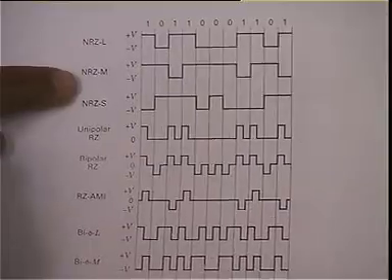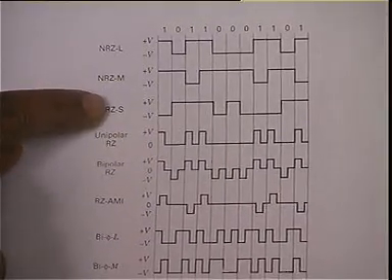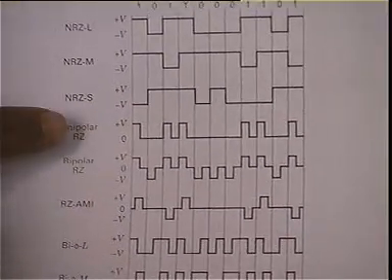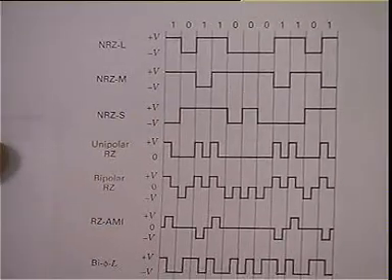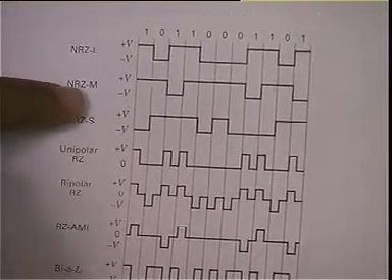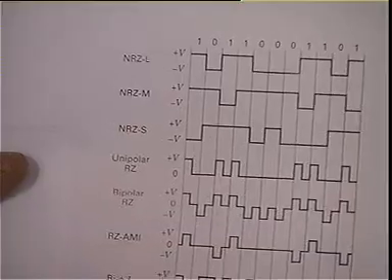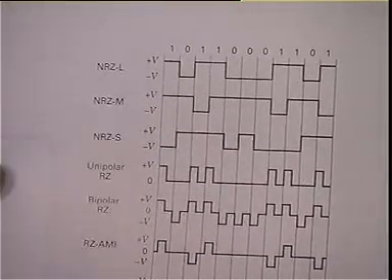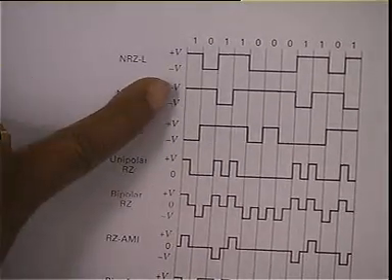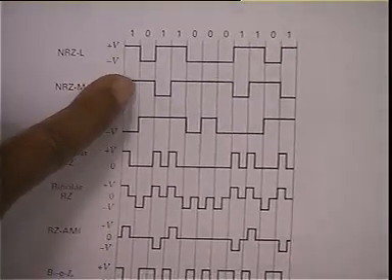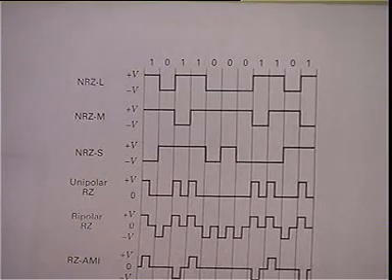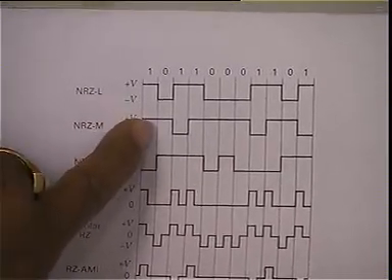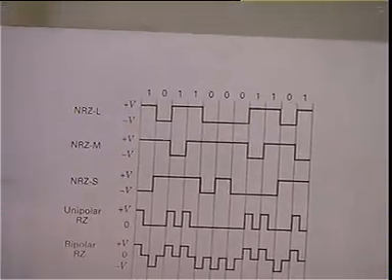Now when it is non-return to 0 mark, a mark means 1, a space means a 0 in telegraphic language. Now what does this mean? This is also non-return to 0, but there will be a transition whenever I encounter a 1. So there is a 1 being transmitted here, okay. Now the next bit is 0, so there is no transition.